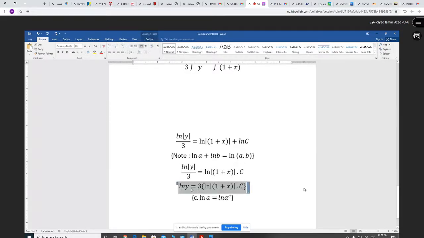So this three, I will put it as the power over here. Okay, so this will become something like this. Sure, this three will be gone from over here. It will come here as a power.